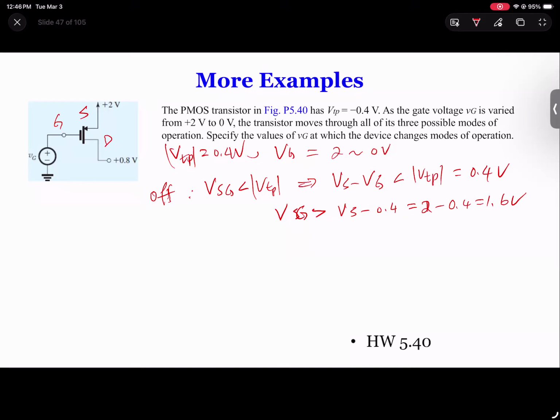VSG is too small. It has to increase. So that's number one, right? So number two is it's on.